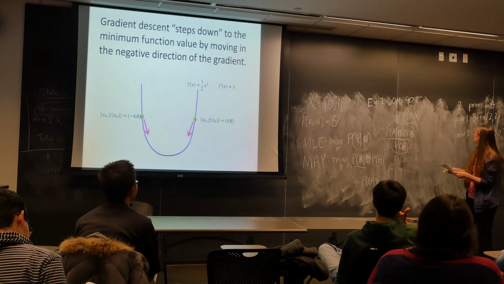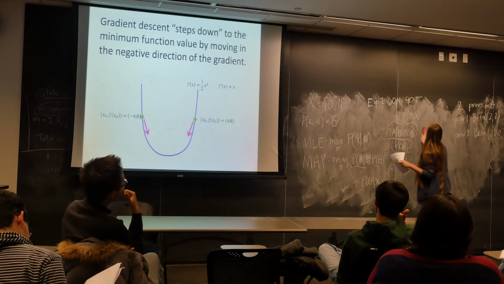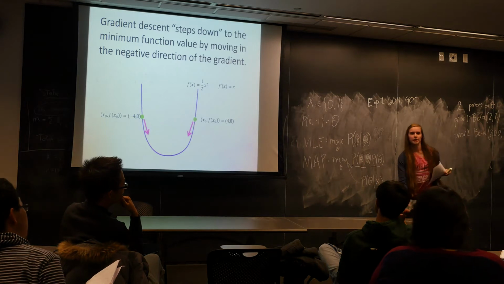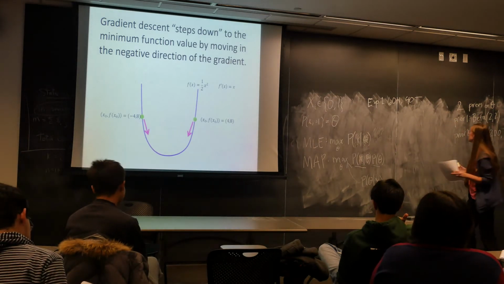And so the example that I wanted to go through uses a couple of different scenarios and looks at how the prior influences what your estimate is in those cases.